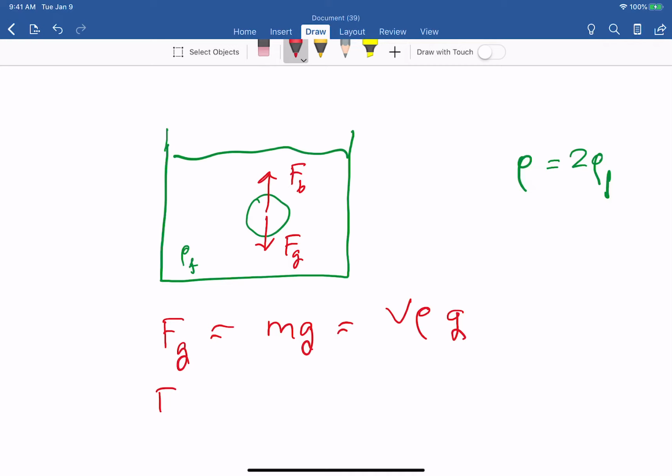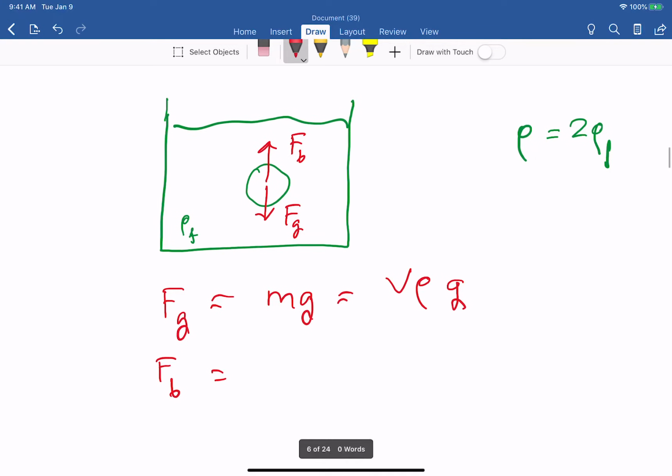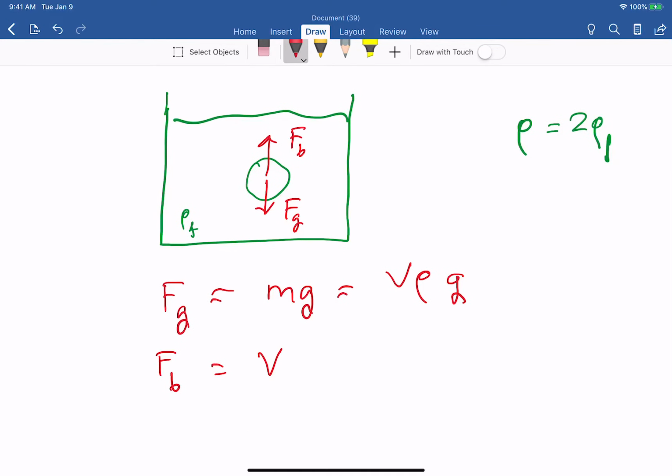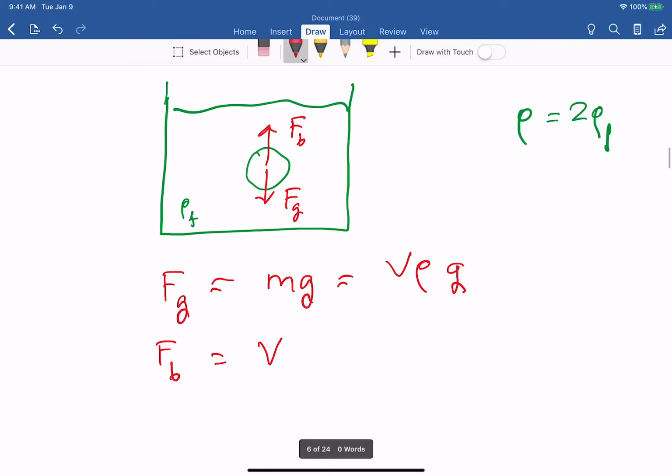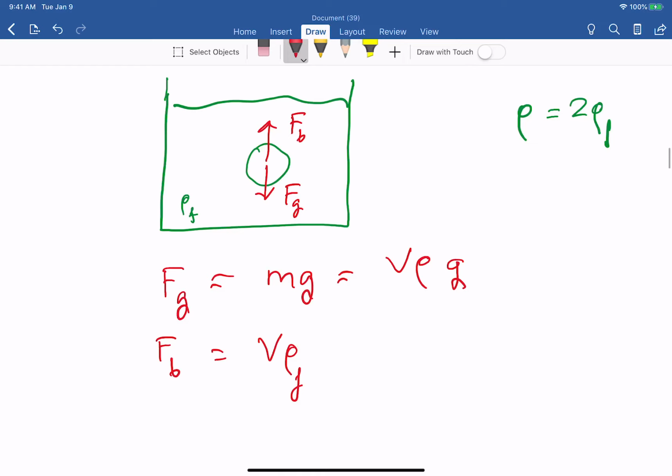And what about the buoyant force? The buoyant force would be equal to the volume submerged multiplied by the density of the fluid multiplied by g. So that is going to be the volume of the object, because the whole thing is submerged, multiplied by the density of the fluid multiplied by g.